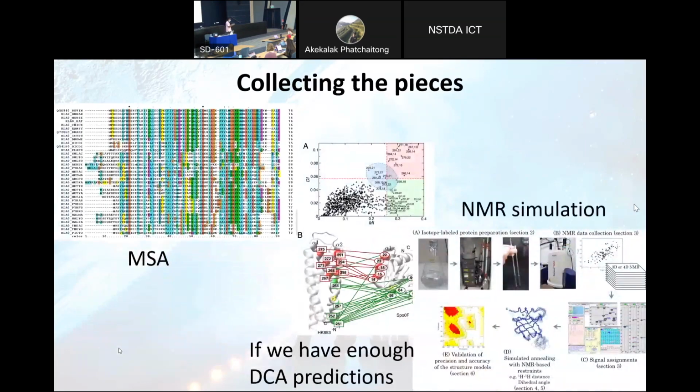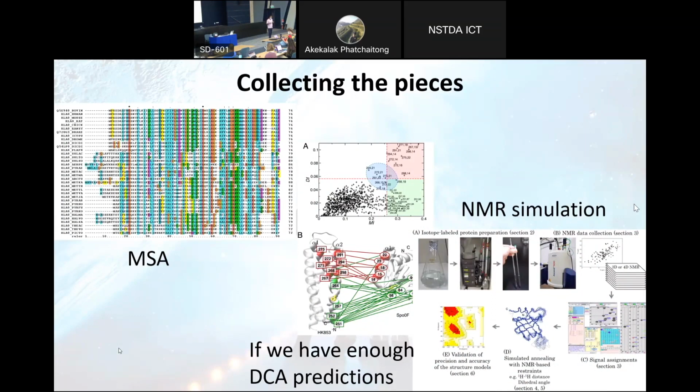So now I have all the information I need to predict the protein structure. I get my MSA. From the MSA, I calculate how different residues are correlated evolutionarily. And then if I use something like direct coupling analysis, that gives me geometric constraints, like these residues should be close to each other, others are probably close to each other.